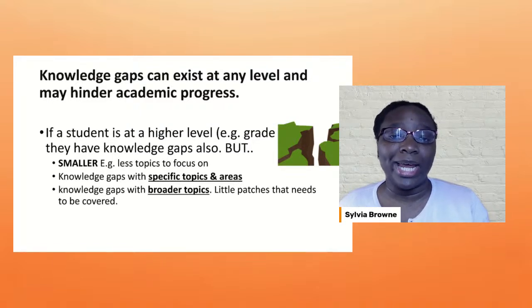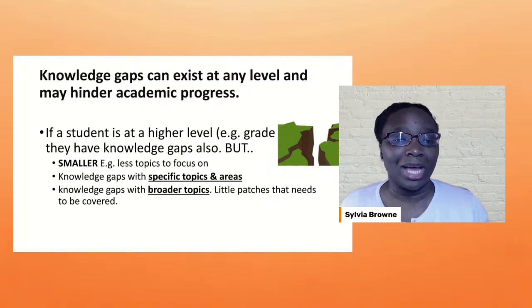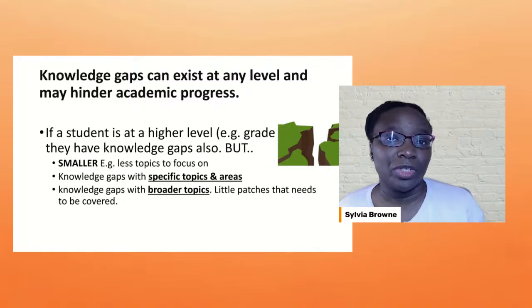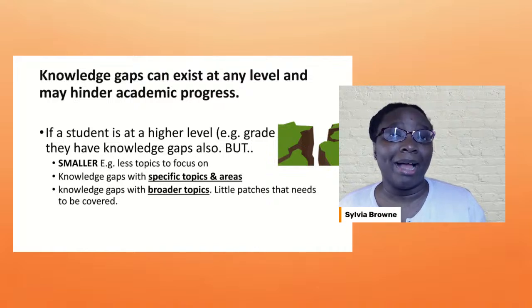If a child is working at a higher level, say maybe a grade 6 or a grade 7, they also have knowledge gaps, but it's just that those knowledge gaps present differently. So they might have smaller knowledge gaps. And what I mean by that is that they would probably have fewer topics that they need to focus on. They would probably have more specific topics, depending on their strengths and weaknesses.